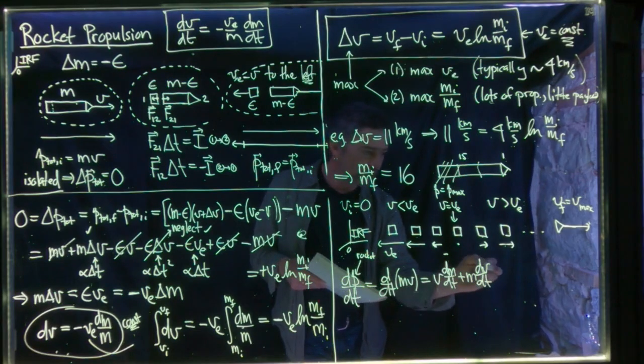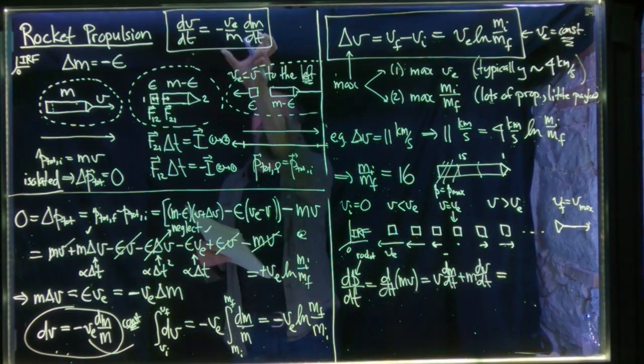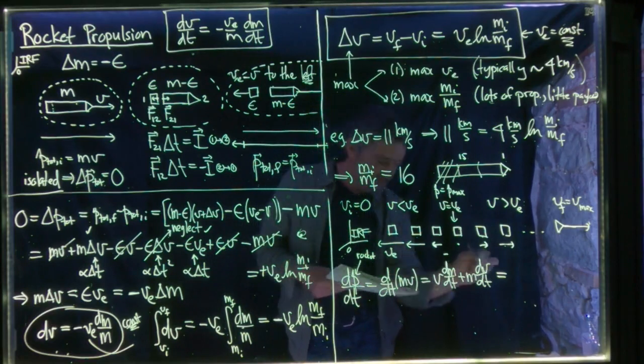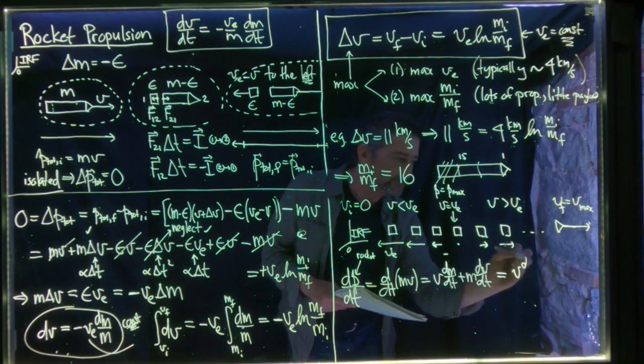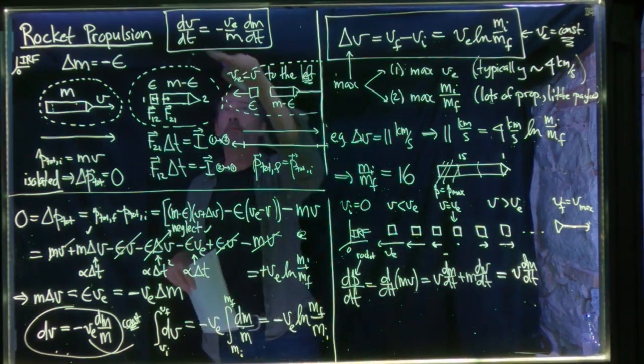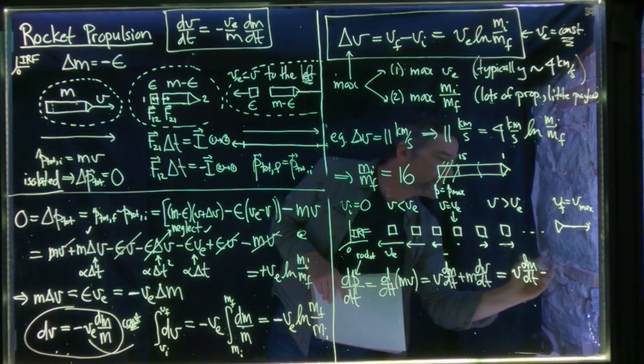Now we're going to use this equation. We have an expression for dv dt, so let's plug it in here. We have v dm dt, which is what we had before, plus m times dv dt. There's an m here and an m here, so it cancels, giving negative ve dm dt.